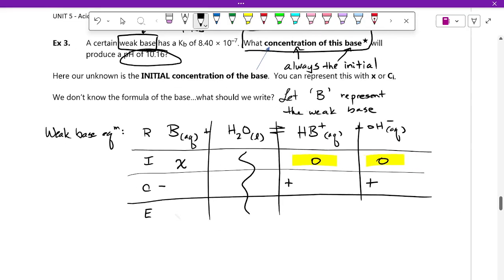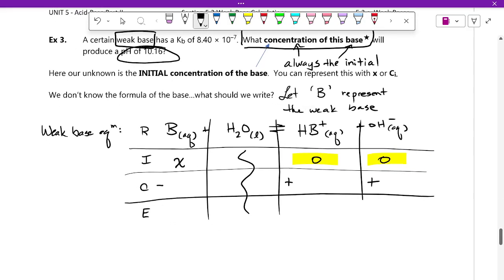All right. This time I'm going to go the other route to get to hydroxide.